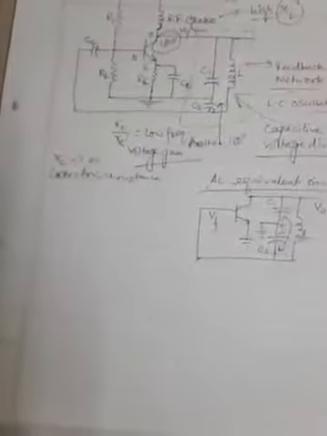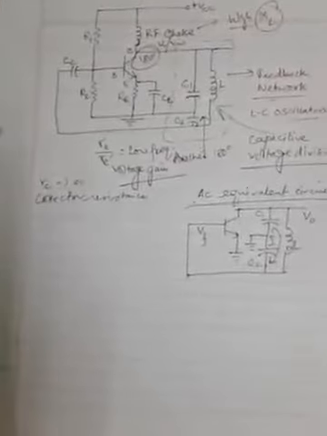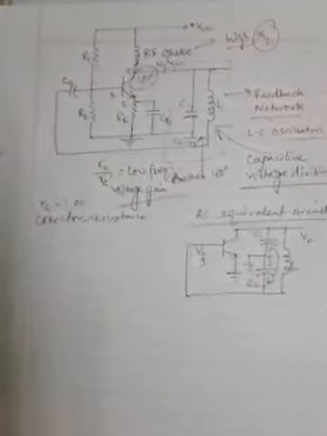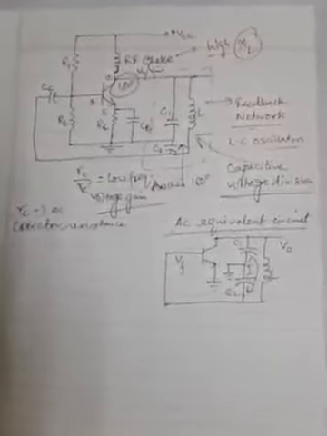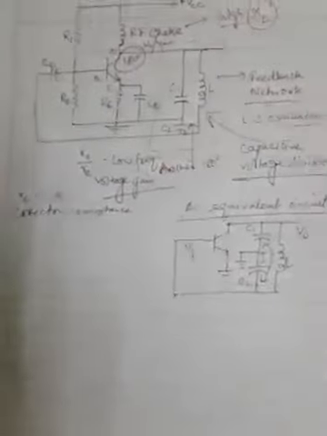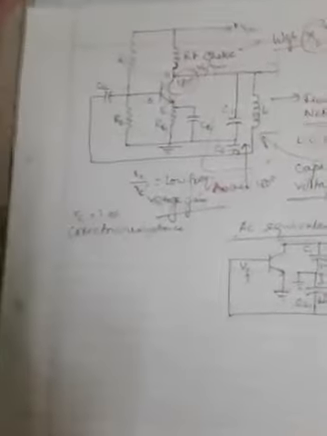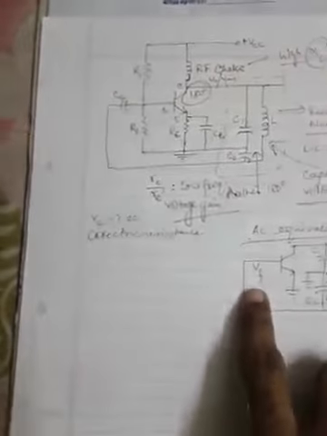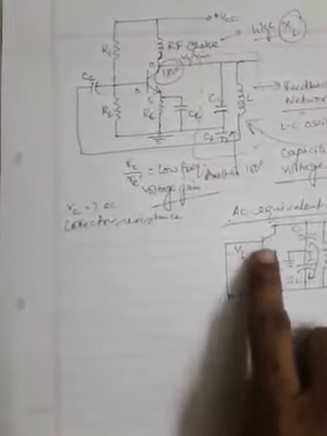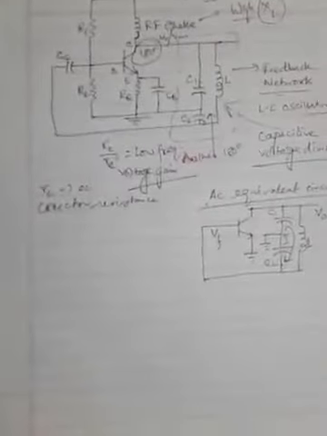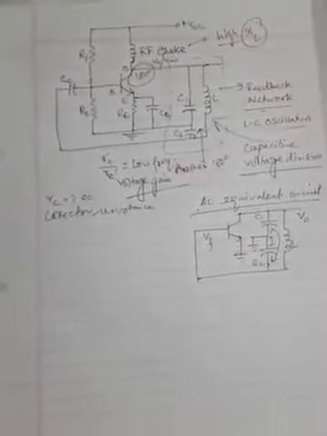This is the AC equivalent circuit, where you can see that VCC, R1, R2, RE, C all have been omitted. Only the feedback network part is there and the BJT is there, where from the output VO, through this feedback network, the signal is fed back as VF to the input base of the common emitter transistor amplifier.